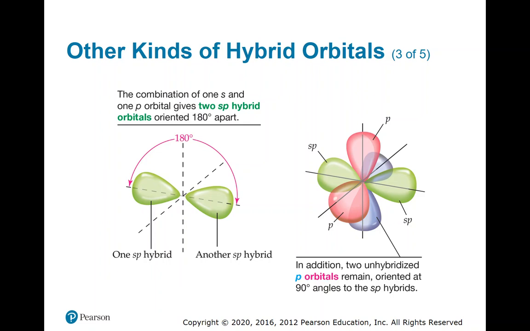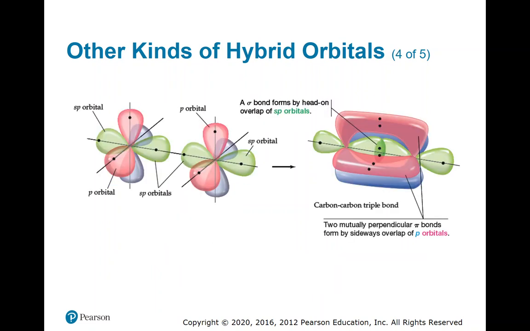Now, sp hybridization probably shows up most commonly when we have triple bonds. So specifically a carbon-carbon triple bond, although other triple bonds would work as well. And again, if you consider the distribution of the electrons between the p orbitals and the hybrid orbitals for each of these individual carbon atoms, you can see we have 4 unpaired electrons.